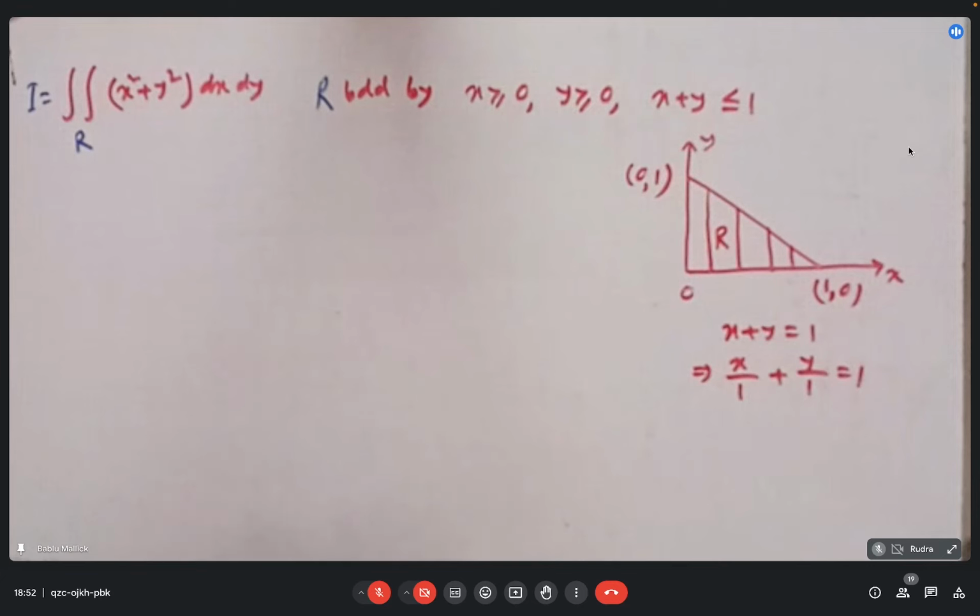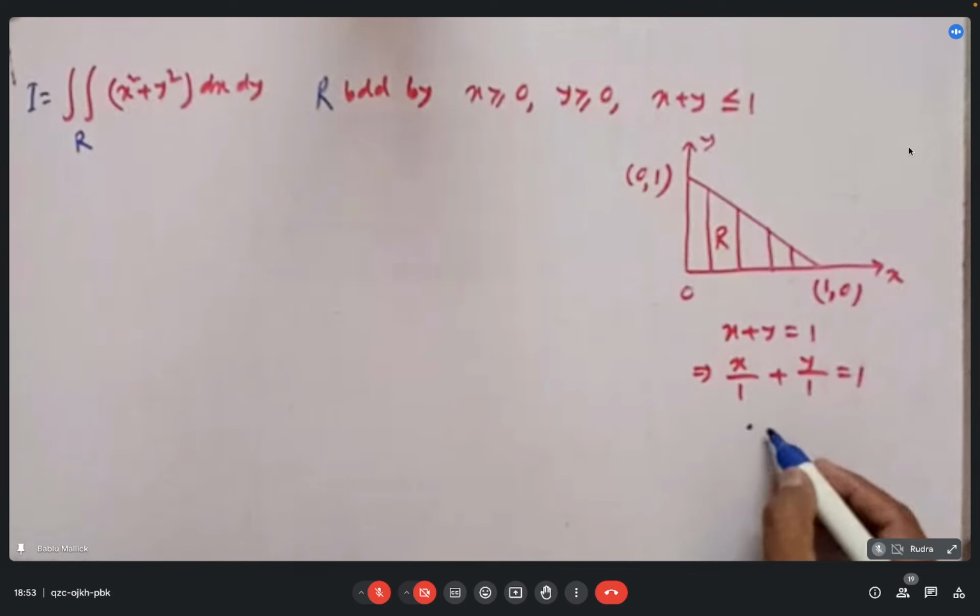Now here you have to find the limit of x and the limit of y. So always you will follow these two steps.